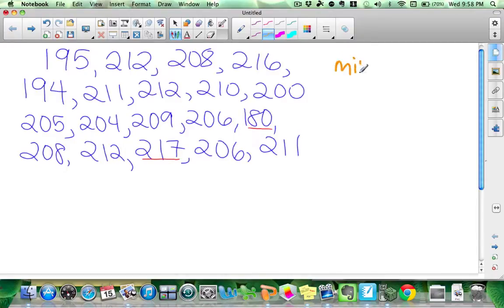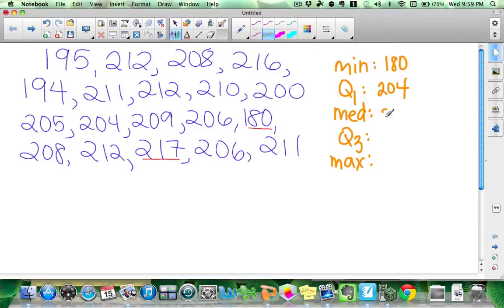Let's remind ourselves that's the min, Q1, the median, Q3, and the maximum. And those were 180, 204, 208, 212, and 217.